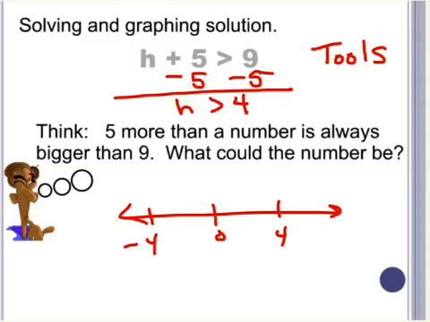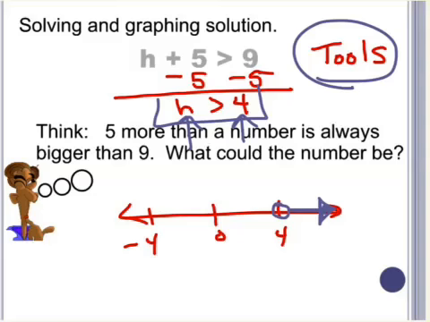I'm going to change color so you can see a little better. We're going to put an open circle at 4 because that's the boundary line, and then all the answers are bigger than 4, we determined here, see? All the answers are bigger than 4, so they are going to be to the right. So sometimes you have to solve it first and then graph. Using our algebra tools is how we solve it.